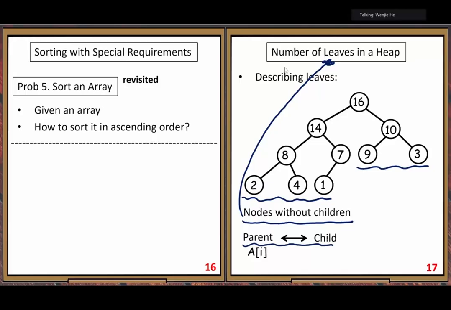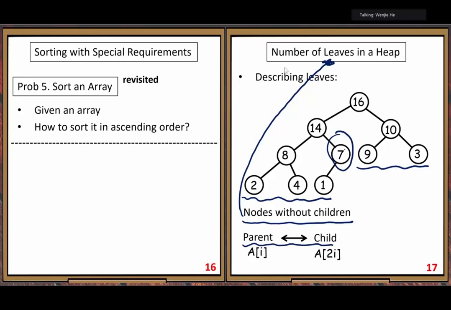This array element is an arbitrary heap node. That's our current heap node. Then let's look at its child node. We look at the left child node, not the right child, because sometimes, look at this node, it has only 1 left child node and no right child node. So it's better we look at its left child node, A of 2i.